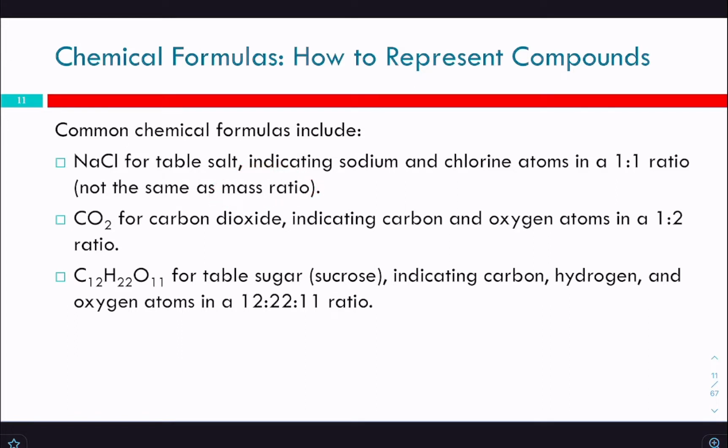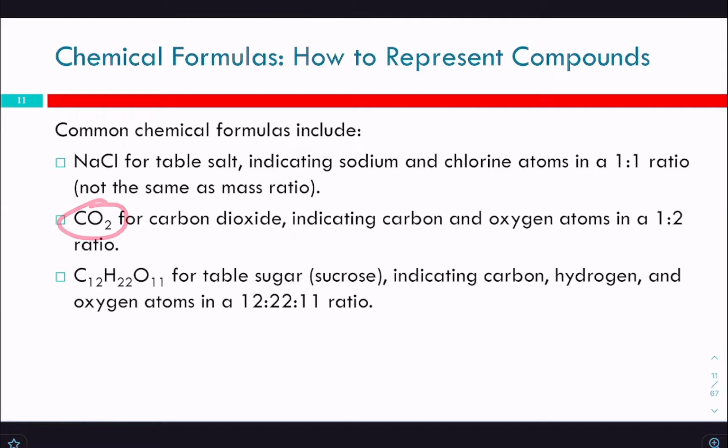Just looking at the periodic table, you can imagine that hydrogen, which has a mass of about 1, has 1 proton and no neutrons, very different from the mass of chlorine, which has 17 protons, but also has 18 neutrons in at least one of its isotopes. So it has a mass of 35. So this is the atom ratio, not the mass ratio.